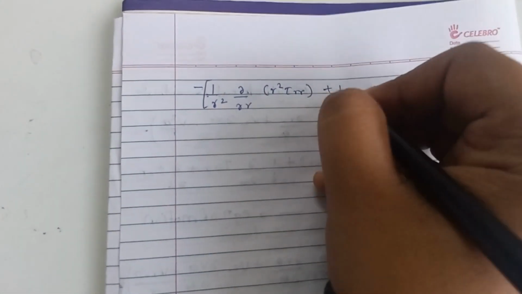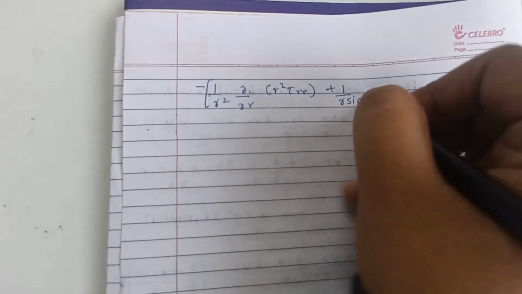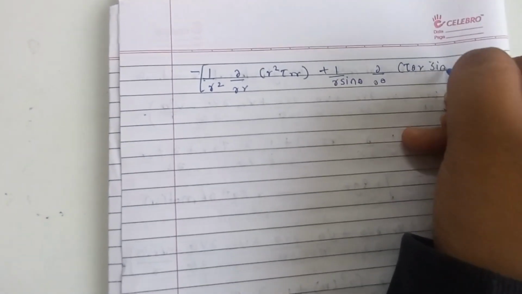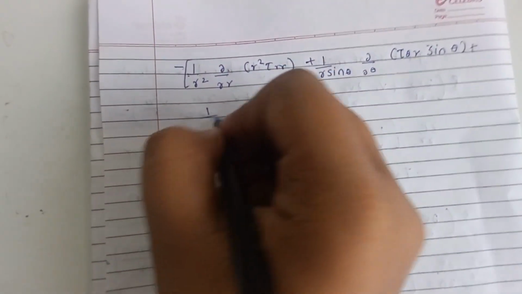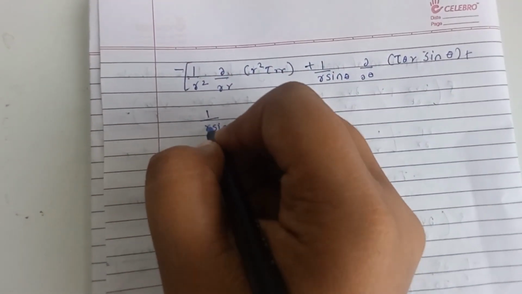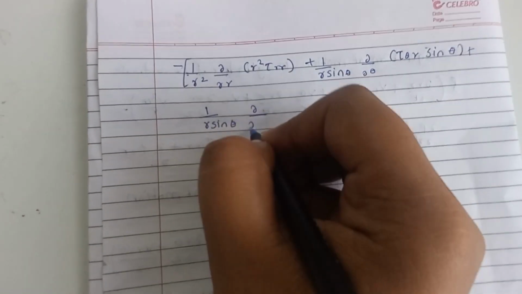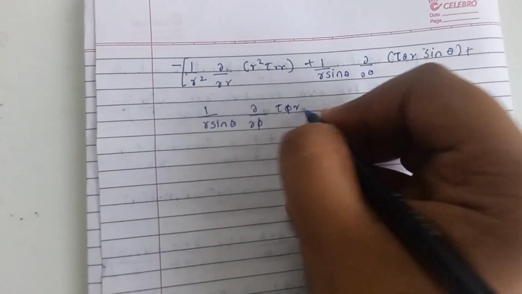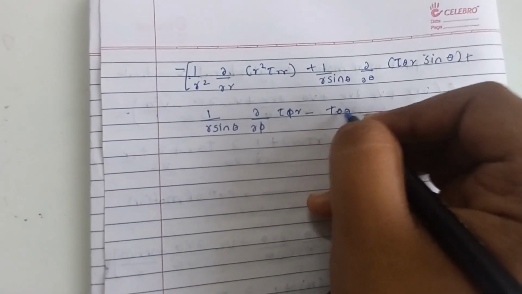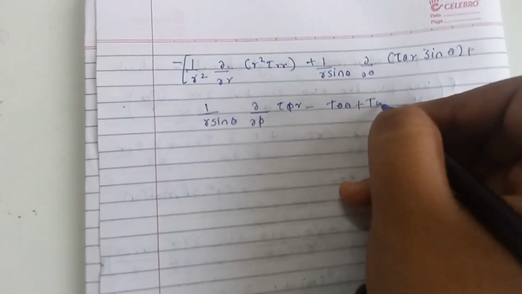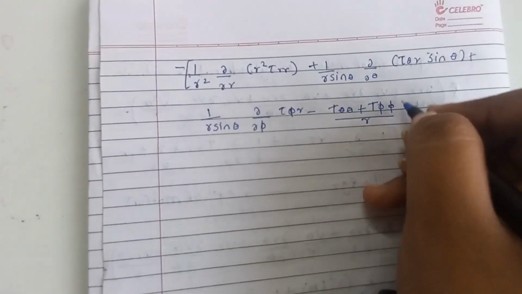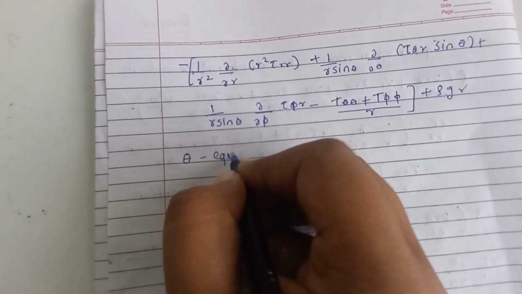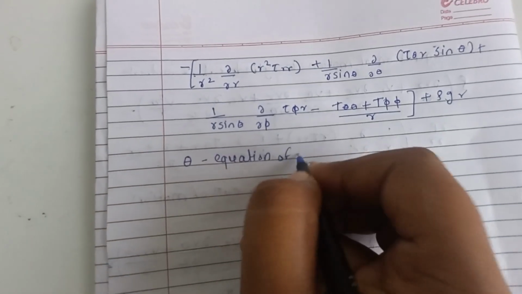Actually we can prove all these equations, but it is quite complex and we have to use some difficult mathematical tools. 1 upon r sin theta del by del theta into tau theta r into sin theta plus 1 upon r sin theta into del by del phi into tau phi r minus tau theta theta plus tau phi phi upon r plus rho gr, that is density into gr, the force in the r direction.